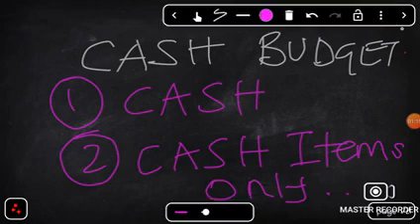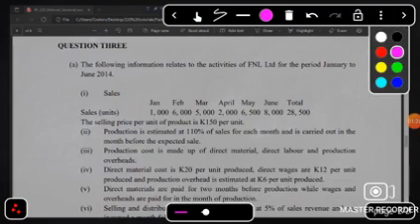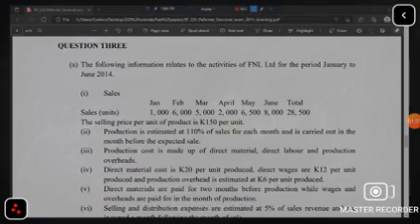So I have a question on the cash budget that I want us to do. I hope it's going to help you guys. So the question reads, the following information relates to the activities of FNL Limited for the period January to June 2014.